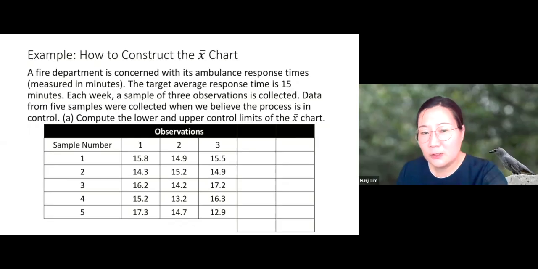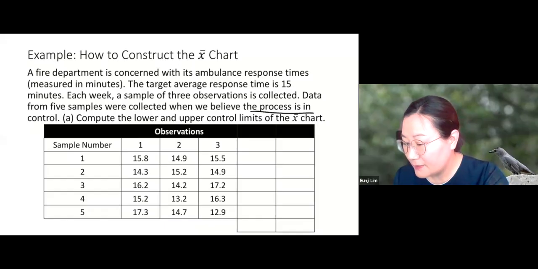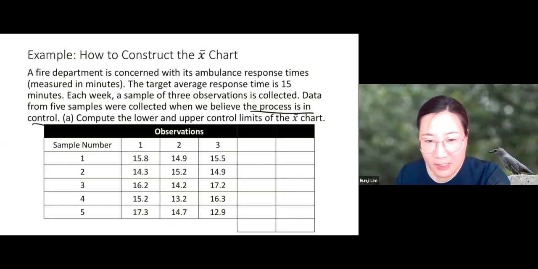So when we say that the process is in control, what do we mean by this? It means there is nothing wrong in the process, in the fire department. And when there's nothing wrong in the process, we collected 5 samples each week.